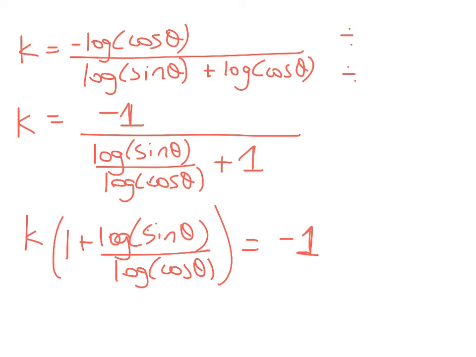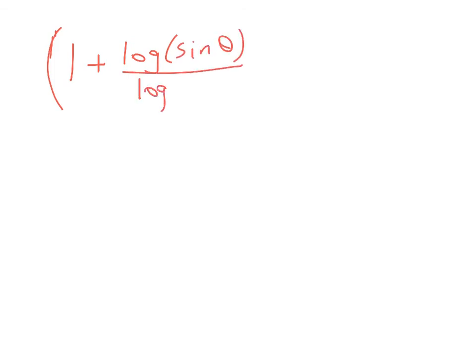Just takes a couple more pages of algebra, sorry. So now dividing through by k, and the reason we're doing this is because we can see the log of cos over the log of sine coming in that other expression.